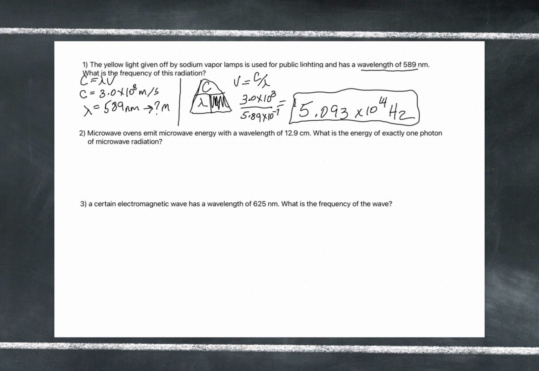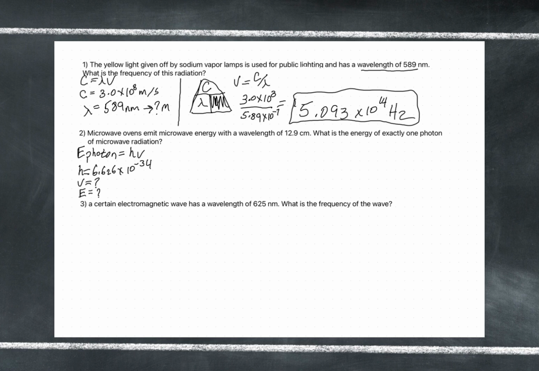So we know our photon equation is E photon equals h times v, where we know h is Planck's constant, which is 6.626 times 10 to the negative 34th. And we don't know v or obviously E.